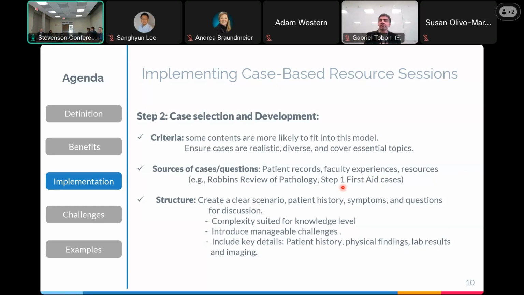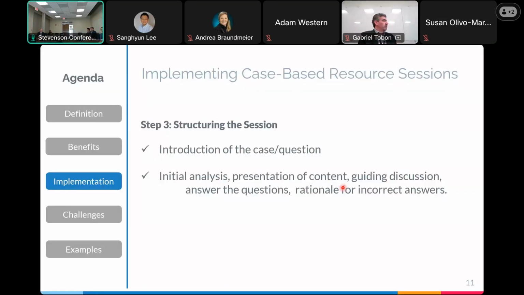What if the patient is having an infection in the hospital, for example? That kind of challenge can improve engagement, but at the same time, knowledge. And another important strategy for the structure is to include key details like physical findings, laboratory tests, X-ray, or imaging in general to cover all the different disciplines.